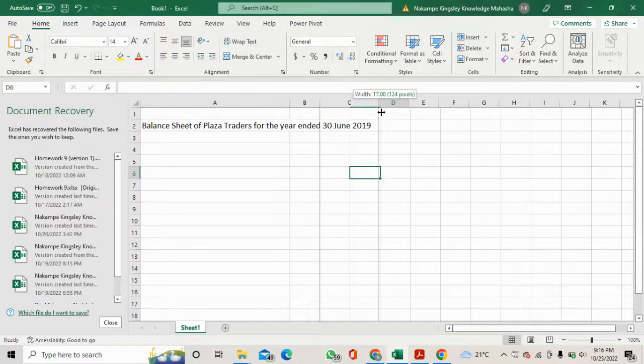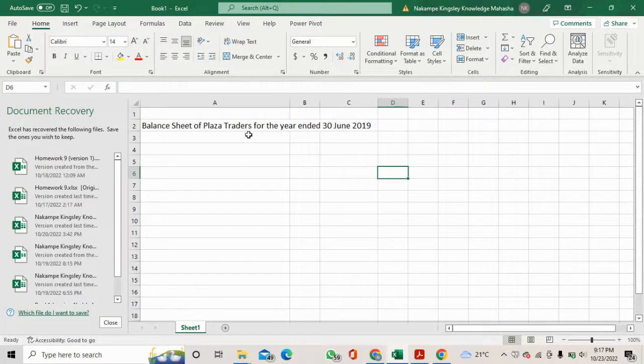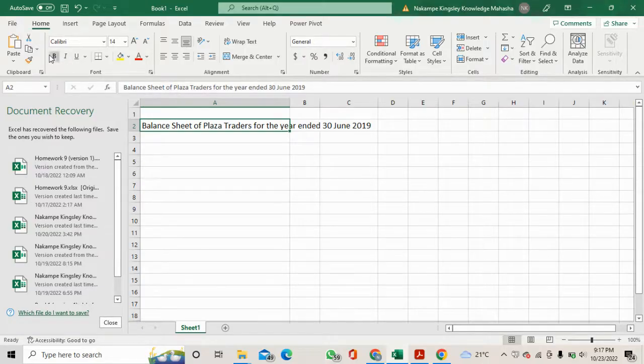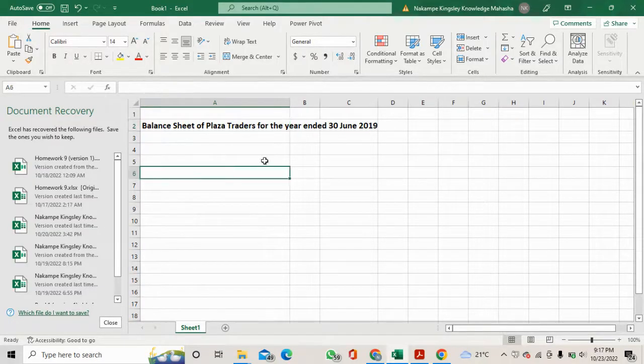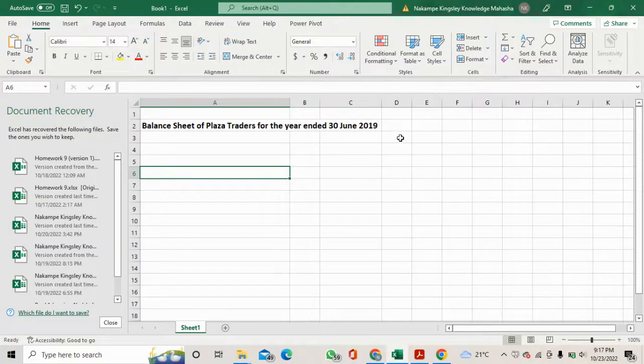You know how your balance sheet should look. So here you'll have the note number column where you'll write the note number. If you prepared some notes, you need to indicate the number of the note: note number one, note number two, and so forth.